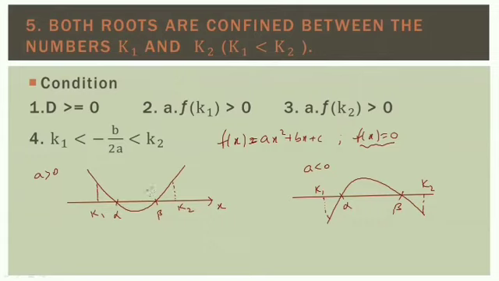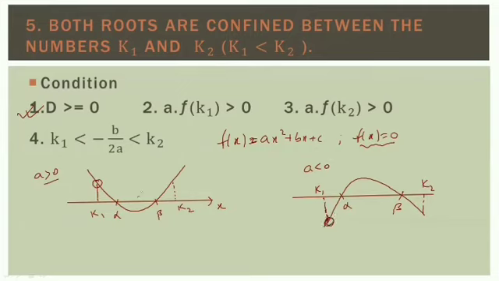The first condition will be if two roots exist, if two roots are real, obviously the discriminant should be greater than or equal to 0. Now when we see f of k1, we can see that when a is positive, f of k1 is positive. When a is negative, f of k1 is negative.